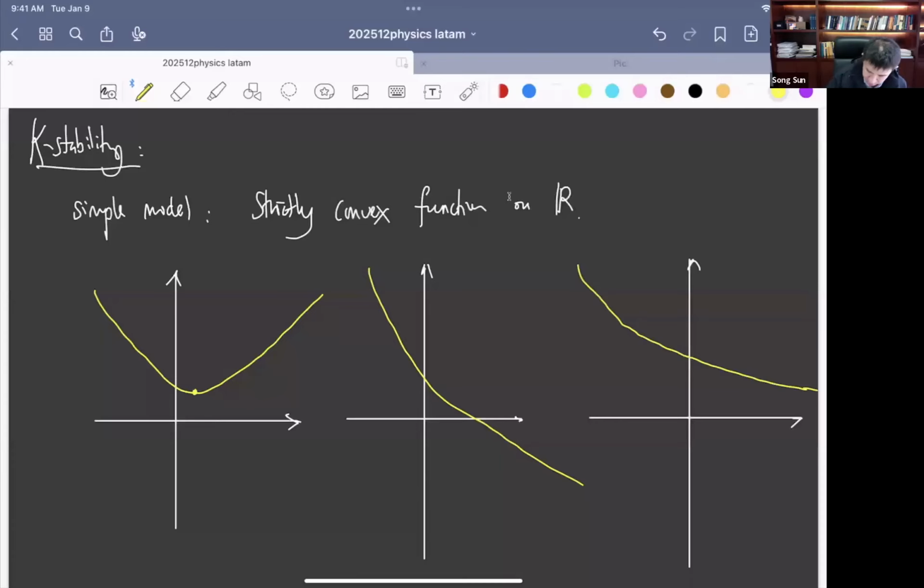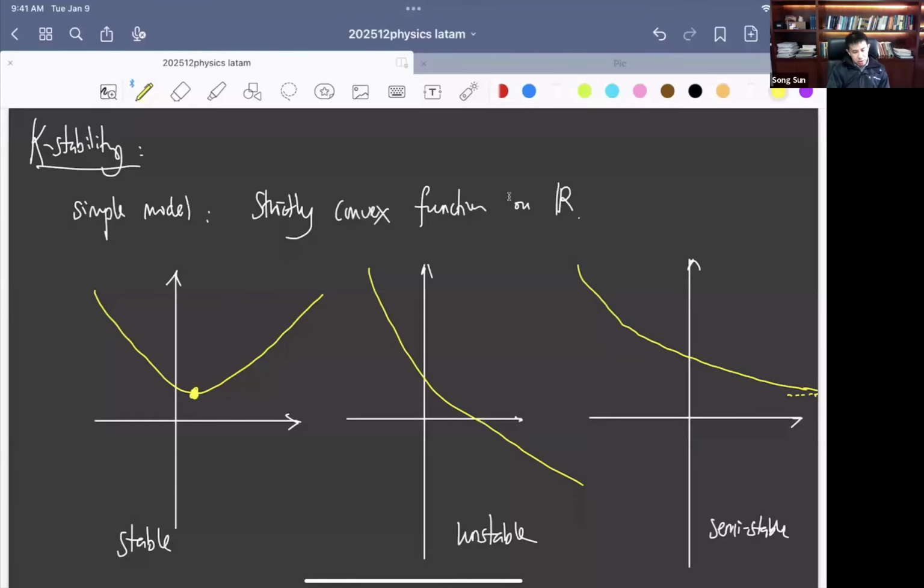So these are three cases, which we call the stable case, the unstable case and the semi-stable case. Stable case means you get a critical point. Unstable means there's no critical point. Semi-stable means there's a critical point at infinity.